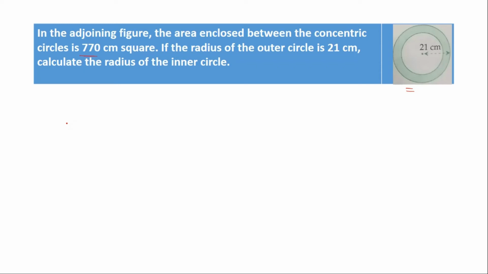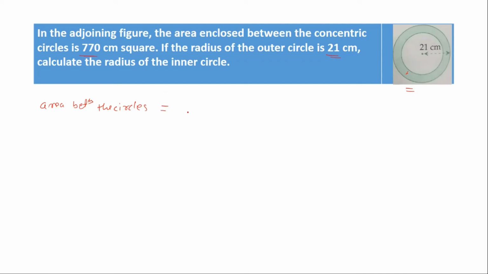So radius is given 21 centimeter. That means area between the circles, as we can see there are two circles here. One is inner one and second is outer one. This area is given 770 centimeter square.